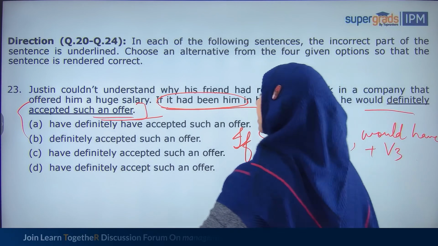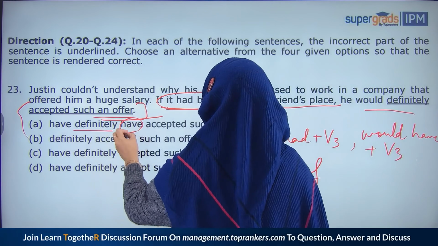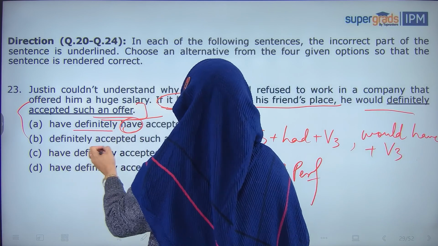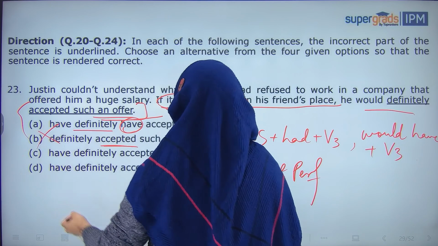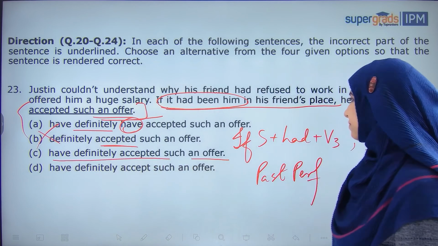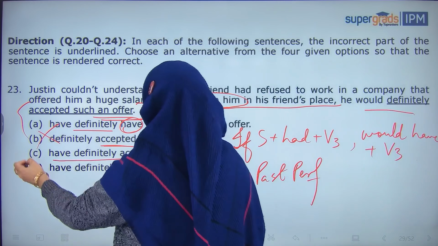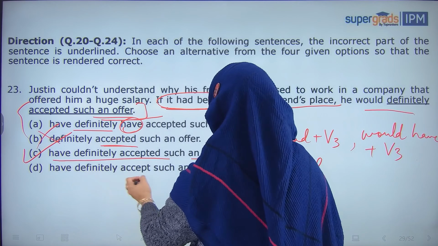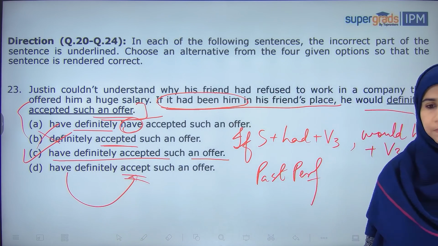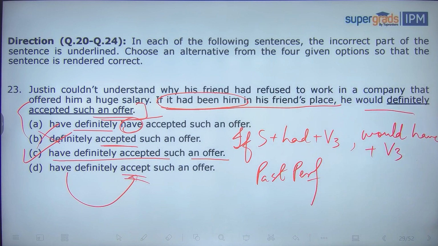He would have definitely, but it has additional have. We don't need this. Accepted, no. He would have definitely accepted such an offer. Makes sense. C should be the right answer. Have definitely accept नहीं हो सकता. Have के साथ में you can never have the first form of the verb. I hope it is clear.